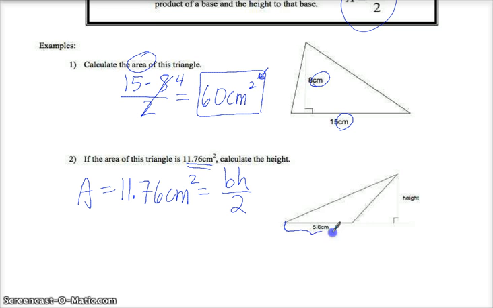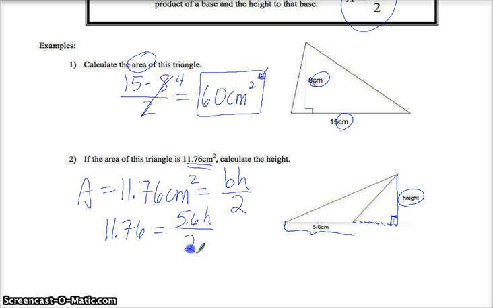Well, this is the base, but notice that it's obtuse. So my height is on the outside of the triangle. So this is where the 90 degrees is, so I have to extend that base. So my height is whatever this is. Well, I don't know what that is, but I do know my base. So I can say 11.76 equals 5.6 times the height divided by 2.